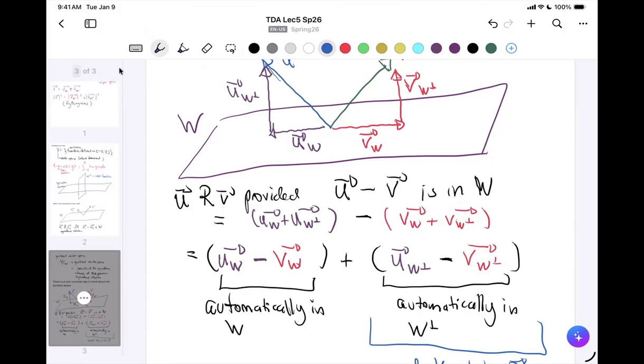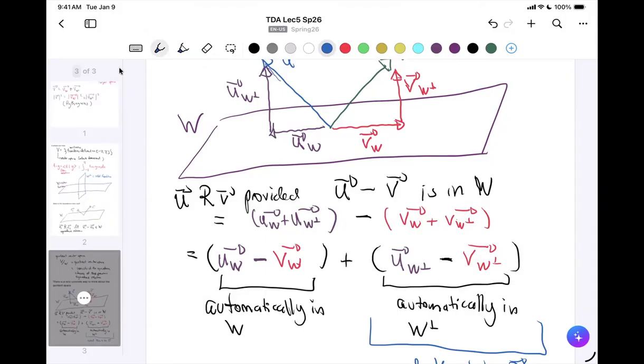So the idea is that two vectors are related under this equivalence relation if they have the same height with respect to the vector subspace W, which is what we had done before with R2 and R3.